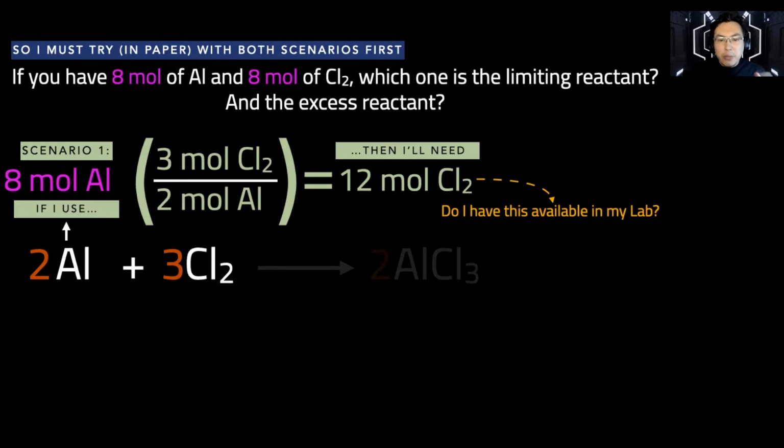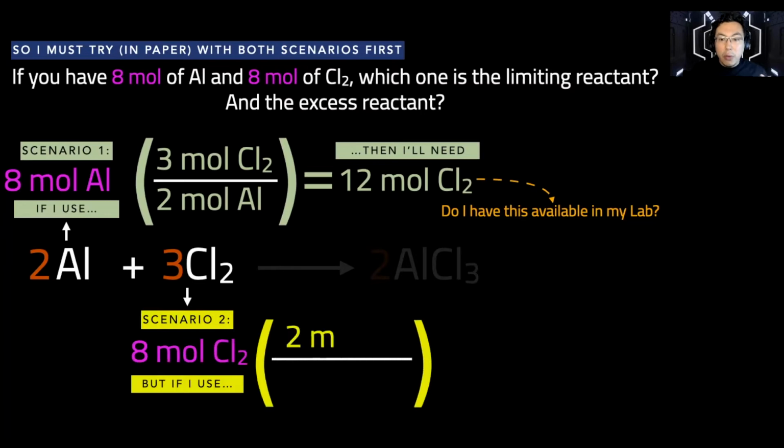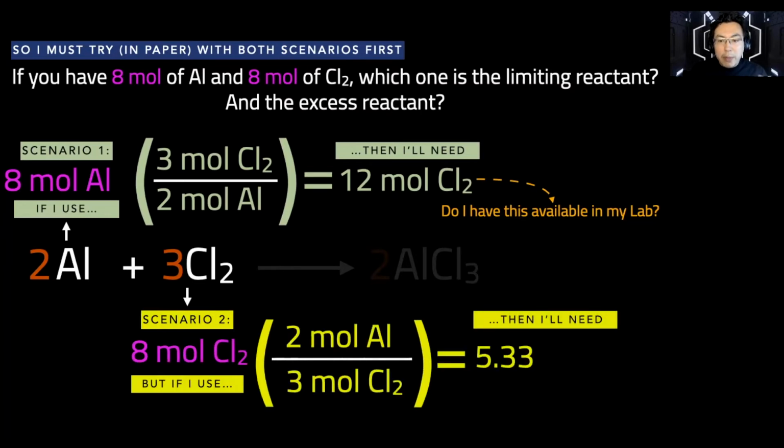Let's see scenario 2. What happens now if I use my entire stash of chlorine? We find the ratio according to the chemical formula, and after my calculation, I will find out that I will need 5.33 moles of aluminum. Do I have this amount stashed in my lab?